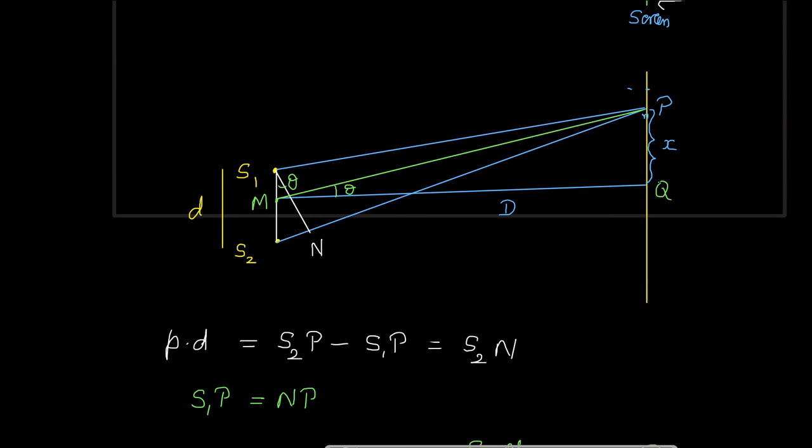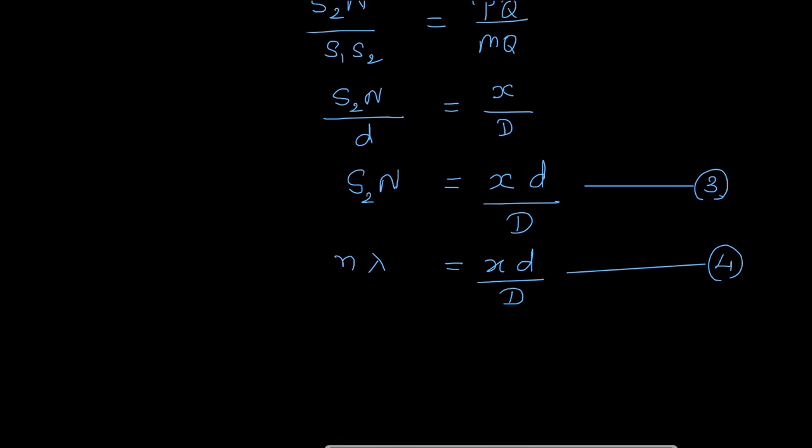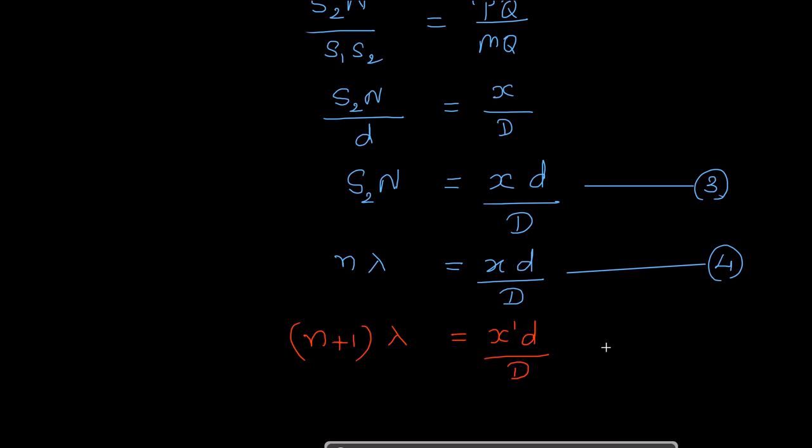Now just imagine the n plus first bright fringe is formed at the point R, and let x dashed be the distance of the n plus first bright fringe from Q. So for the n plus first bright fringe, let us write the equation as (n plus 1) lambda equals, the distance is not x, it is x dashed, x dashed small d by capital D. Small d remains the same, capital D is also the same. So let us call this equation number 5.